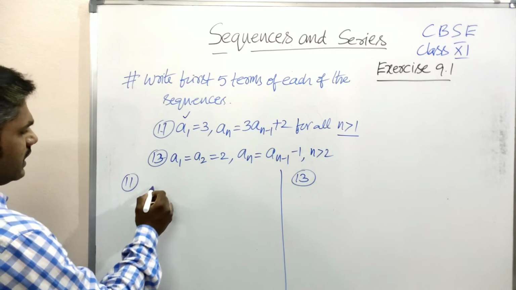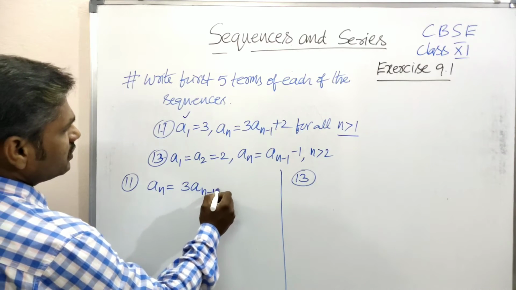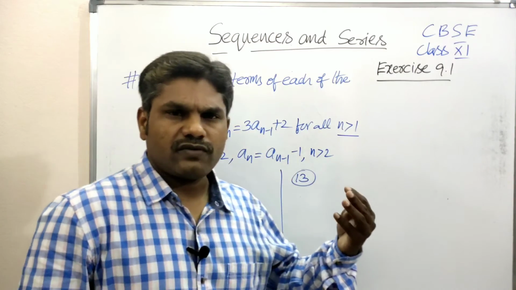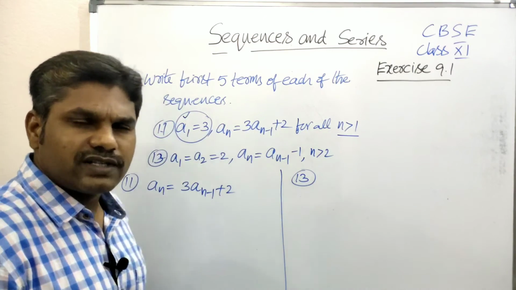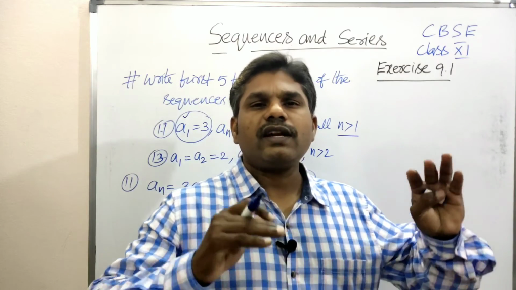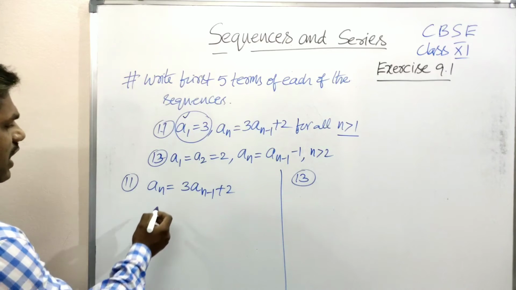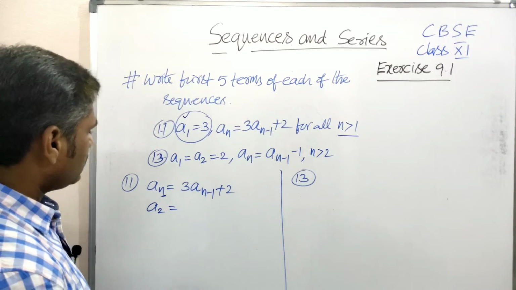Okay, see, an is given: an = 3a(n-1) + 2. If you want the first 5 terms, they have already given you the first term, so it is enough if you find the next 4 terms. Is it okay? So I want the second term now, I don't want the first term.